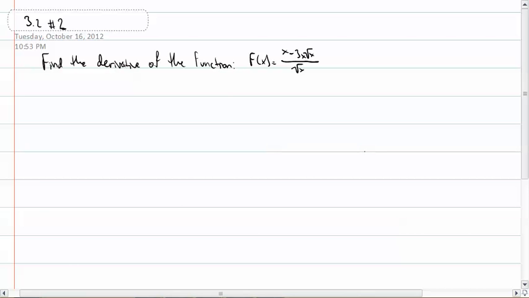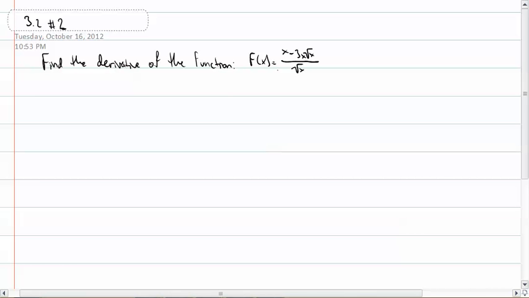Okay, so we have to find the derivative of the function f of x equals x minus 3x times root x over root x. As you all probably know by now, since this is 3.2, we have to use the quotient rule here.